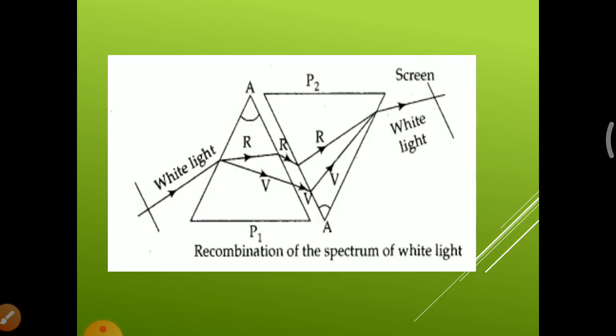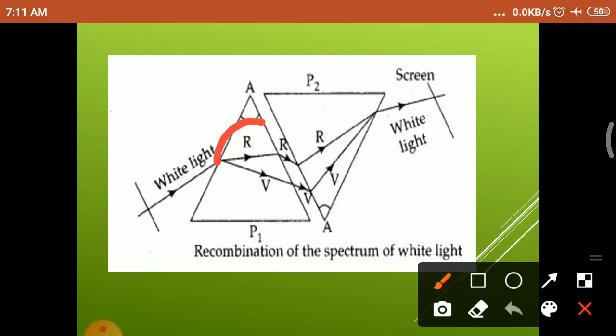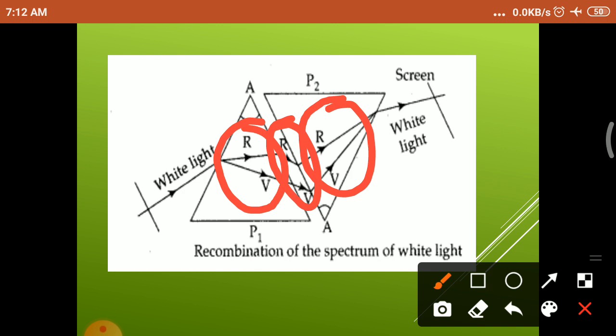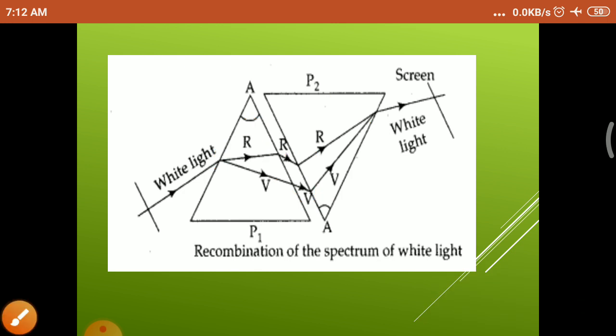Here also you have to mention R and V. When it comes out from the prism, you have to write R and V. Again it enters into the prism, so again you have to write R and V. Three times you have to write R and V. So this is a ray diagram for recombination of a spectrum of white light.